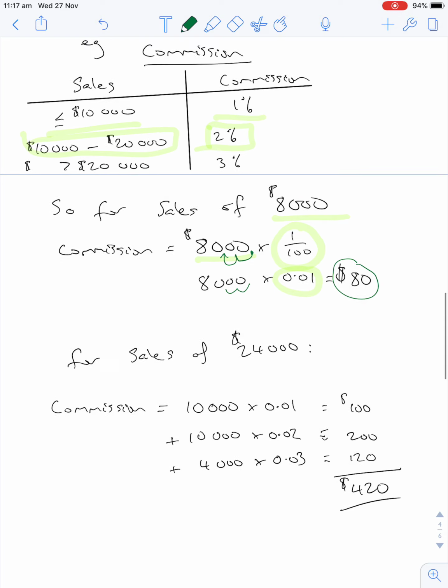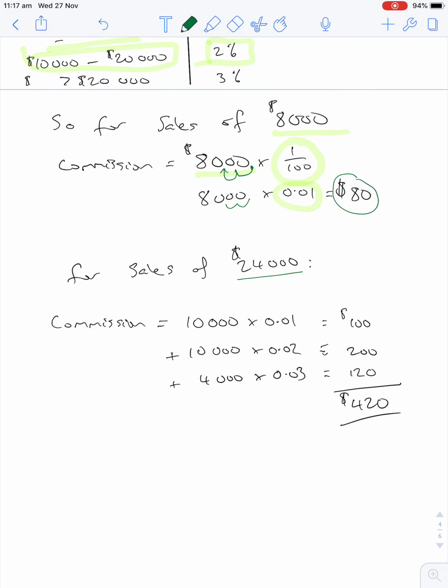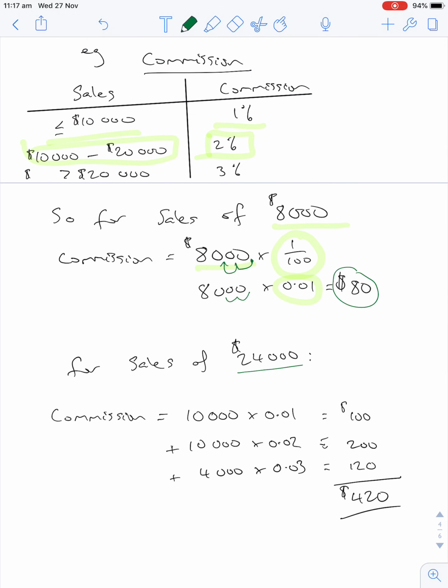Now, let's say I had sales of 24,000. Then I'm going to make use of all 3 of those tiers. For the first $10,000 of my sales, I'm going to times that by 1%. Again, mentally, I'm moving that decimal 2 places, which means I'd get $100 for that first $10,000 worth of sales. And then I've exceeded the 10,000, so for all the sales between 10,000 and 20,000, I got 2%.